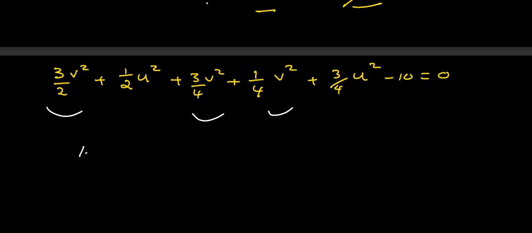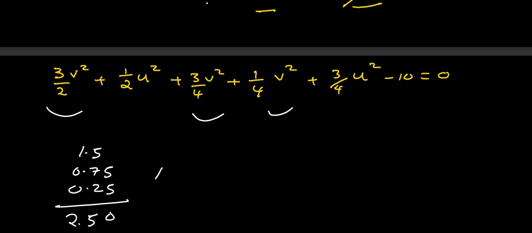That's 1.5, plus this is 0.75, plus this, which is 0.25. That's going to give us 2.5, which is the same as 5 over 2 v squared.